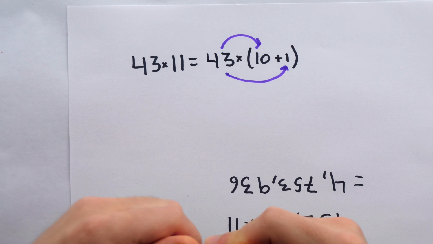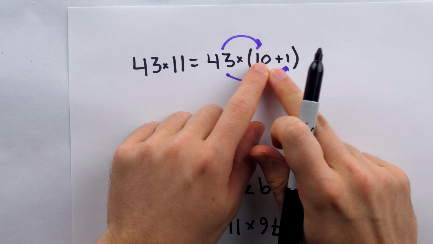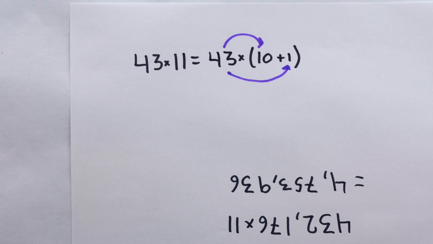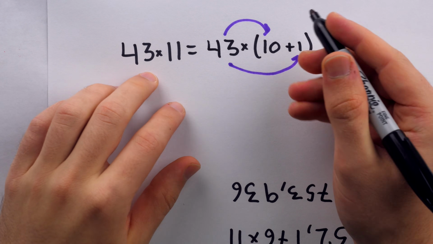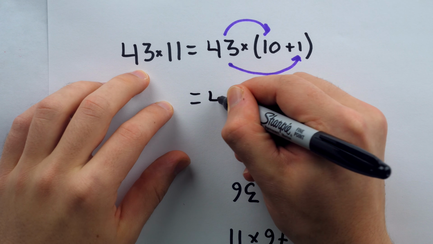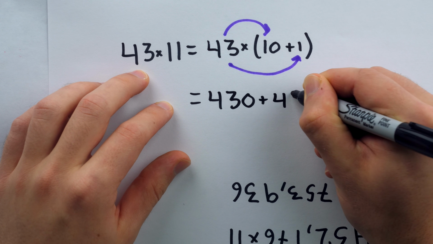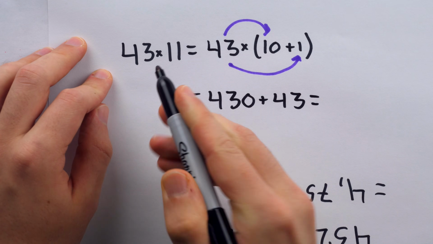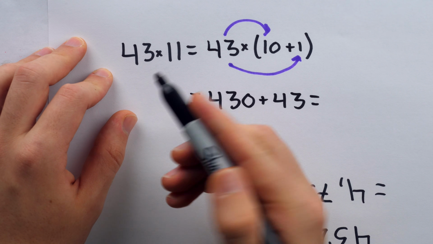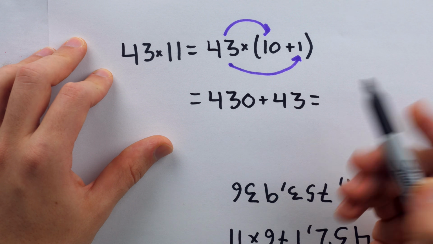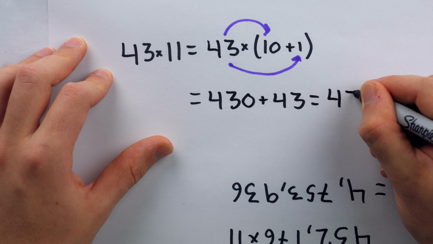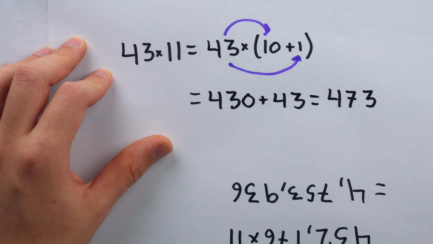The advantage of this is that multiplying by 10 and multiplying by 1 are both trivially easy. 43 times 10 is 430, and of course 43 times 1 is just 43. So if you're trying to do 43 times 11 in your head, all you have to do is 430 plus 43, and you very quickly arrive at the answer of 473.